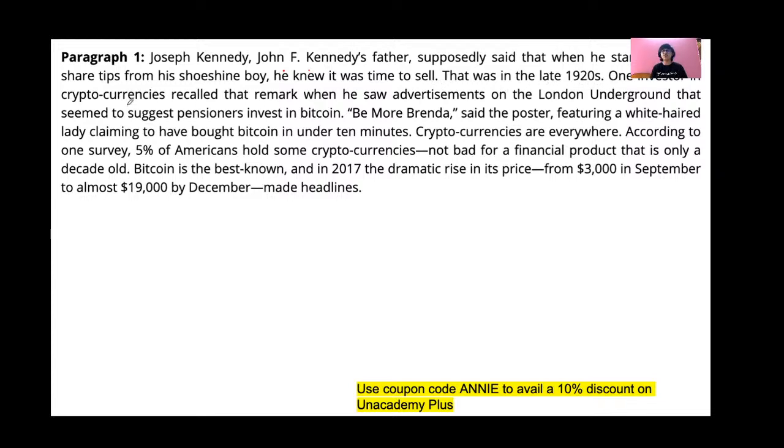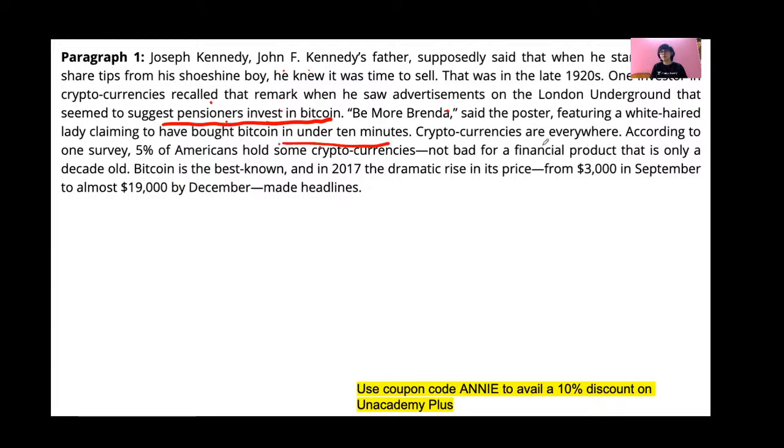1920s. One investor in cryptocurrencies recalled that remark when he saw advertisements on the London Underground that seemed to suggest pensioners invest in Bitcoin. 'Be more Brenda,' said the poster, featuring a white-haired lady claiming to have bought Bitcoin in under 10 minutes.